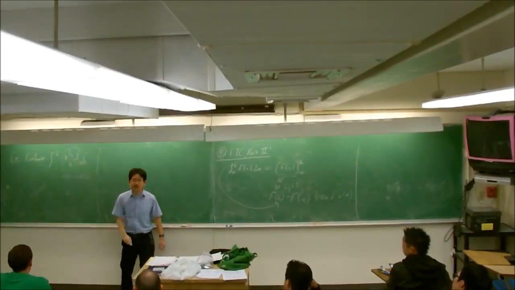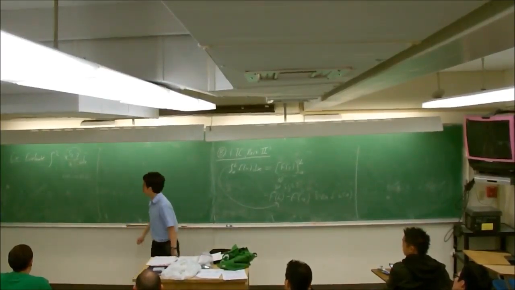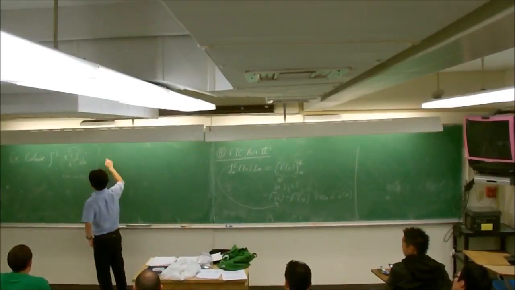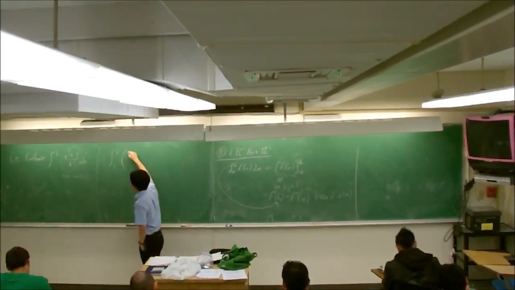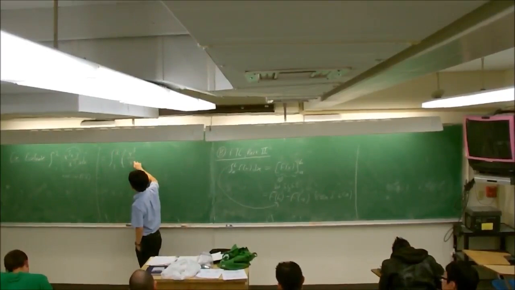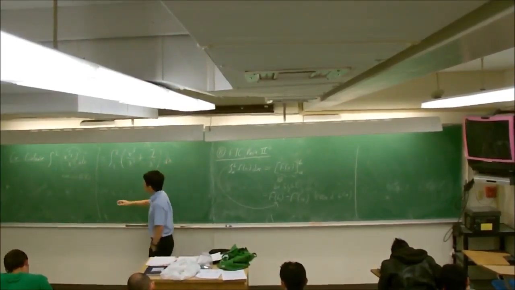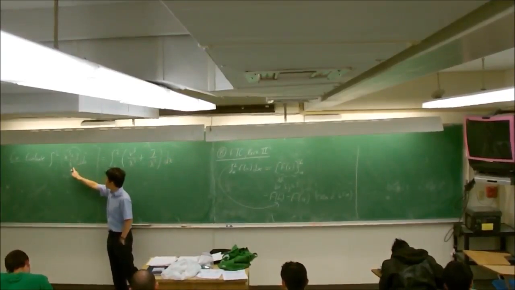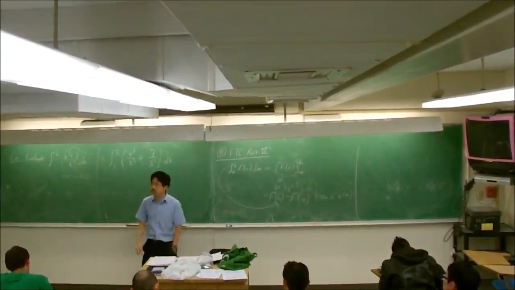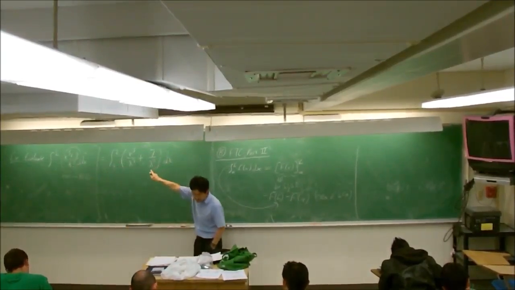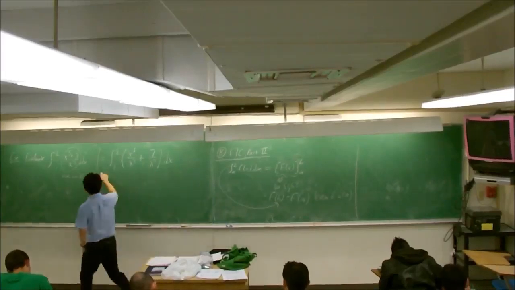Break it, split it. With two terms: x to the fifth plus 7 over x to the third, all dx. You can do that if the plus sign's up there, but you can't if the plus sign's down there. You can split the numerator. Questions?